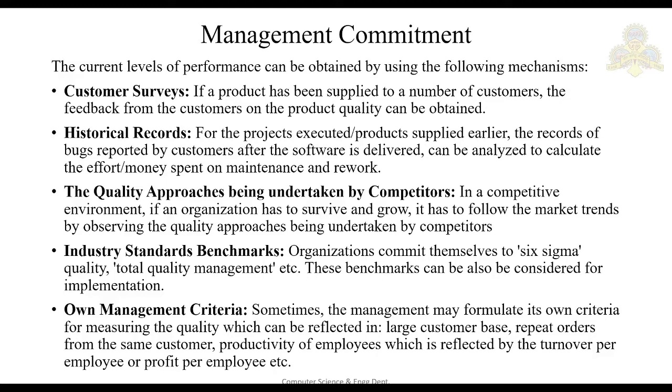If you have delivered a product to n number of customers, the simplest thing the top management can do to improve is to ask the customers to give feedback. The top management can have a format for the feedback and share it with the customers, and based on the feedback they'll understand which area needs improvement and which is doing good. So these all things can be kept in mind.